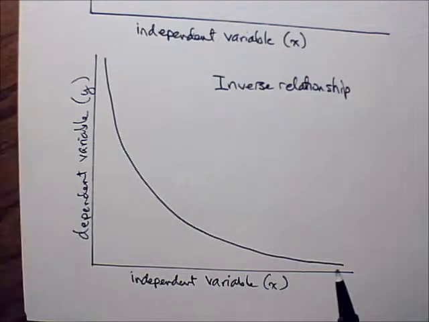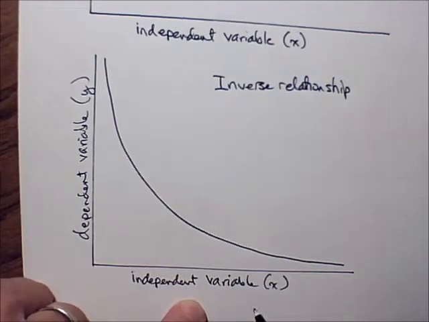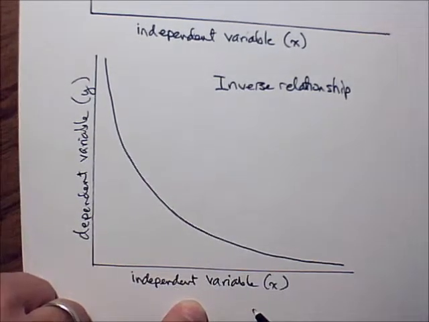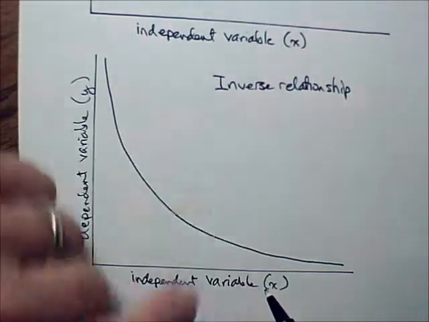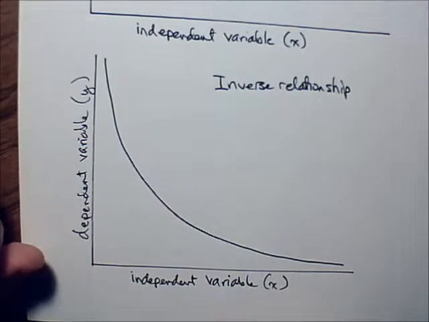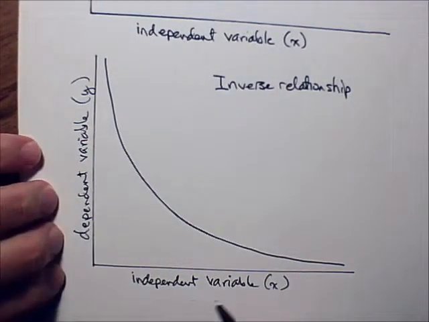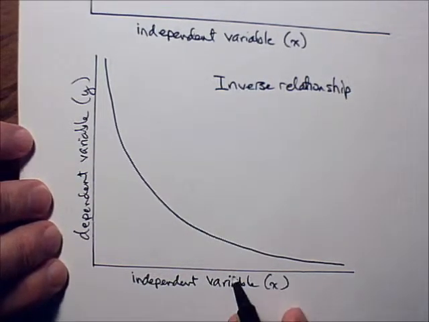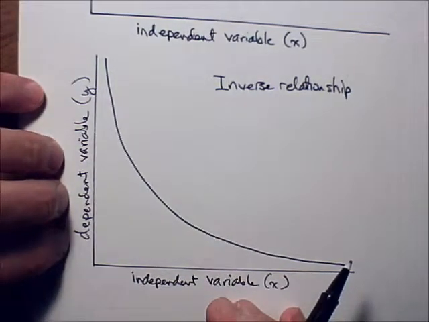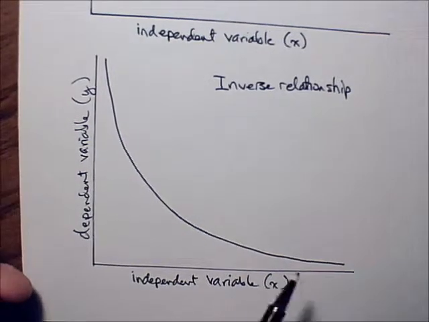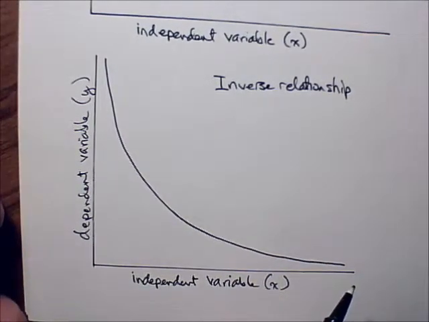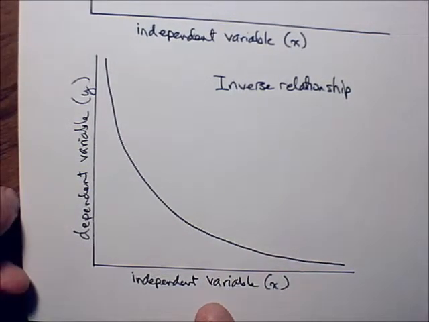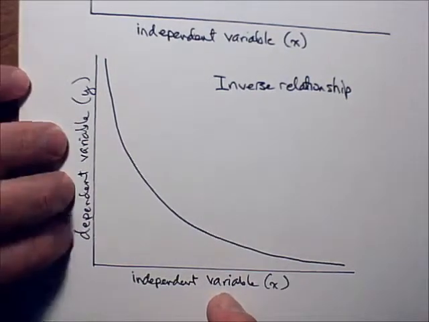Now, you wouldn't say that in an analysis. You would tell me what the independent variable is. The pressure on a gas would have an inverse relationship with the volume of that gas. That's how you describe it. So the independent variable would be pressure, and the dependent variable would be volume.